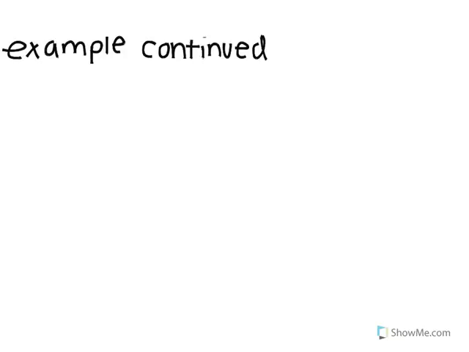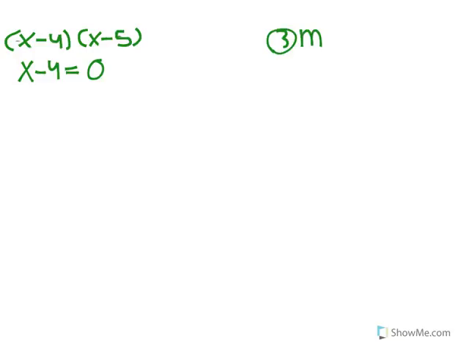Now remember, in this step, yes, this is the example continued, but I'm going to erase this to save room. I make binomials with each: x minus 4 and x minus 5, and I set each one equal to 0. So make binomials and solve for x.